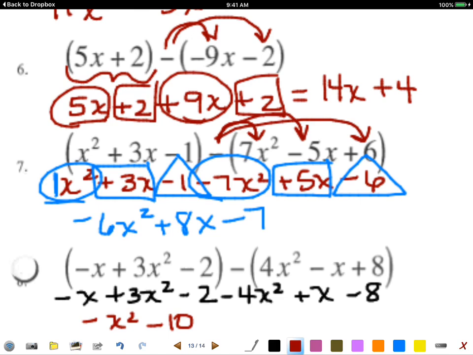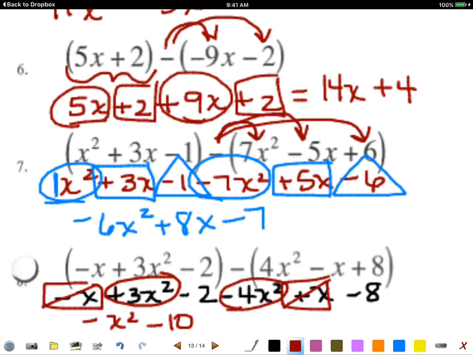Good, a couple of you. All right, so first of all, the positive 3x squared and the negative 4x squared makes a negative 1x squared, but we don't put the 1 in front of the x. We just put negative x squared. Then this minus x and plus x, they just make 0. So we don't put 0x. And then you have your minus 10.